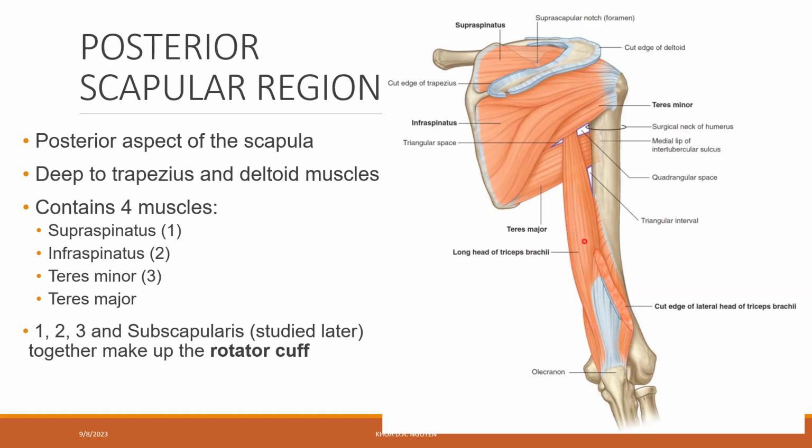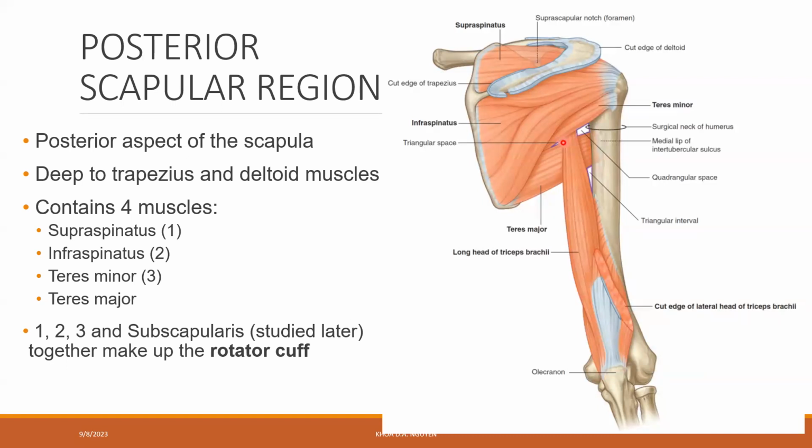This one is the long head. Also over here you have the lateral head. The long head and the lateral head of the triceps brachii combine with the teres major over here and the teres minor over here in order to make three spaces. This is a space, this is another space, and this is another space.